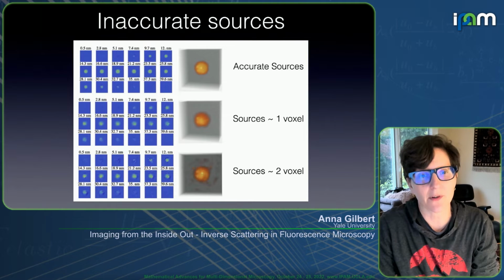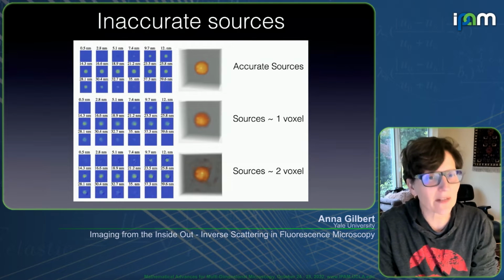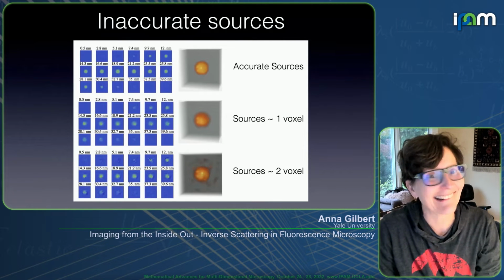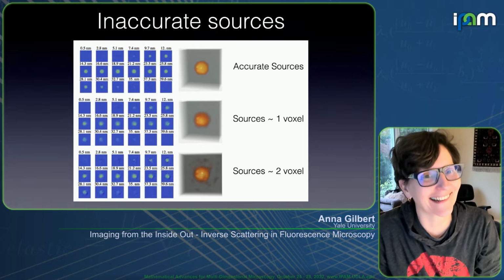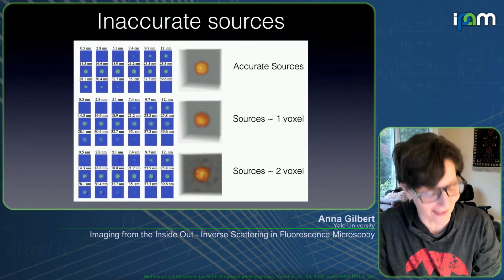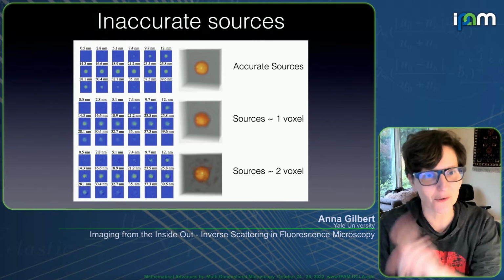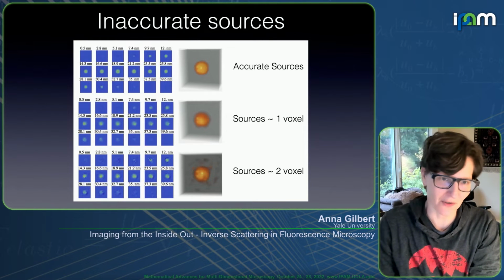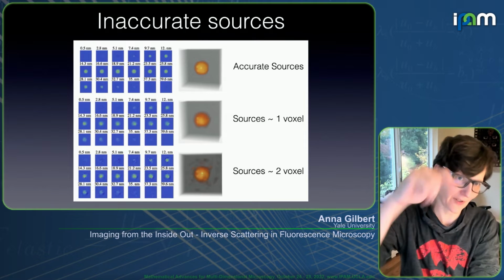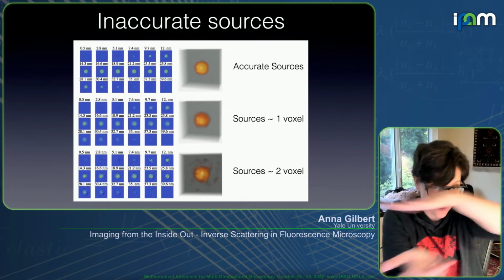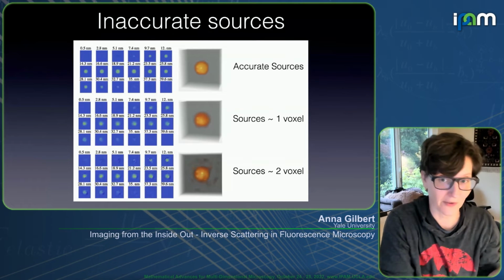Again, more experiments to determine what happens if we don't know the positions, the phase, or the amplitude particularly accurately for these sources. If we have a single scatterer, again, these are slices through a single scatterer.